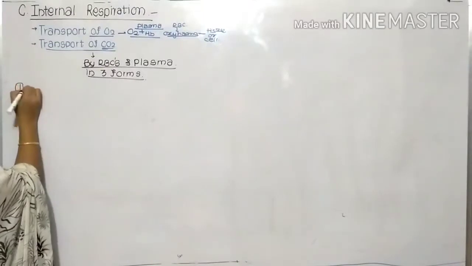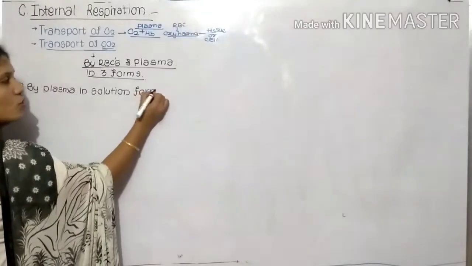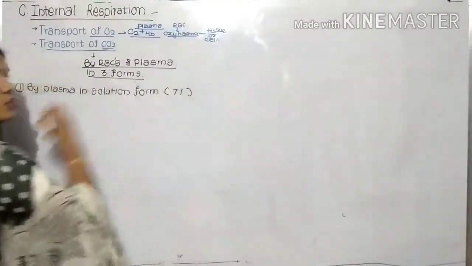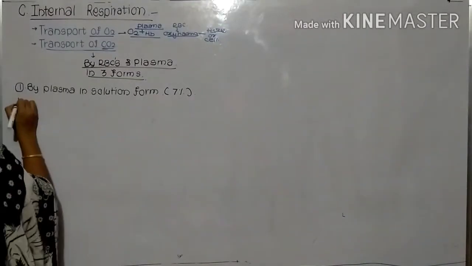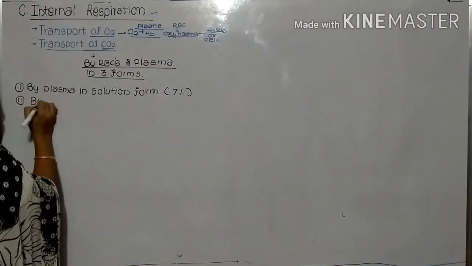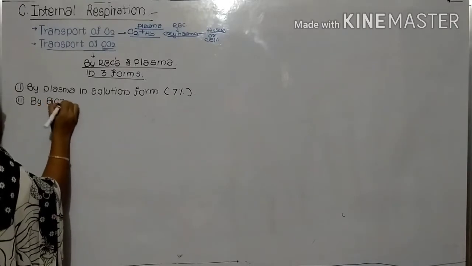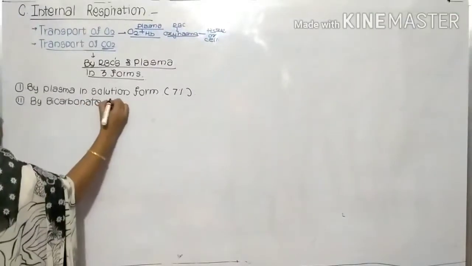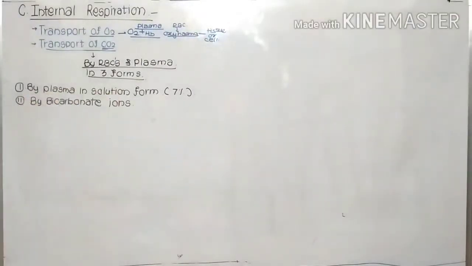First, by plasma in solution form. In this form, 7% of the carbon dioxide gets transported. The second is by bicarbonate ions.